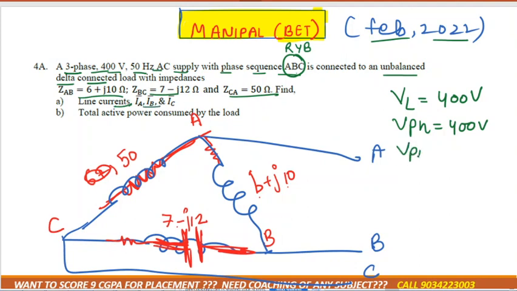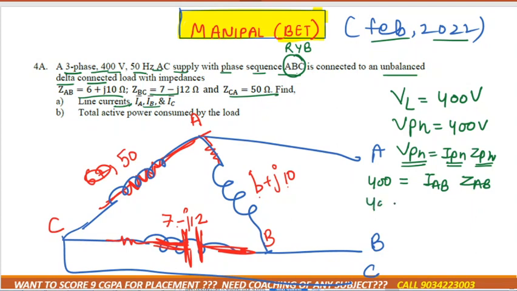As we know, the formula VPH is equal to IPH multiplied by ZPH. Correct? So VPH is 400. IPH is, if we are taking ZPH as ZAB, then the current would be IAB. Yes or no? So VPH is the same in every case.